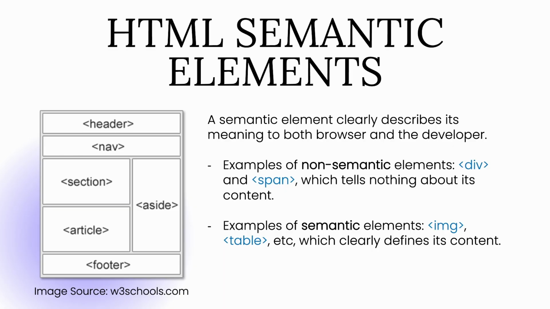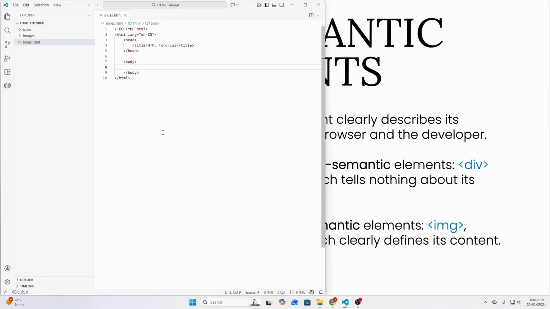So if we go to our Visual Studio Code and add a new header, inside the body, let's create a new header element, and inside it let's create a heading 1 for our website title. Let's call it My Website. Below this, let's introduce a line break with the br element, actually two line breaks for better visualization.